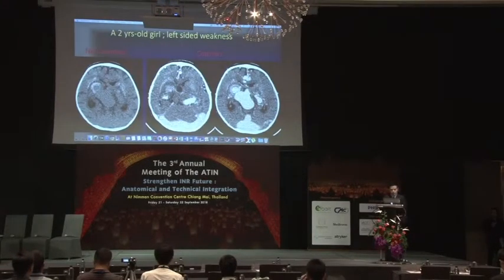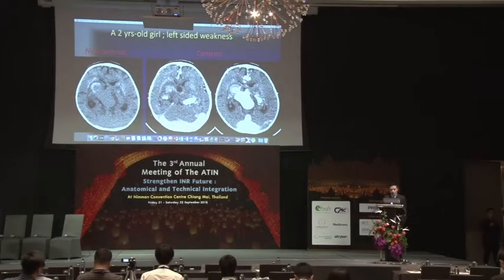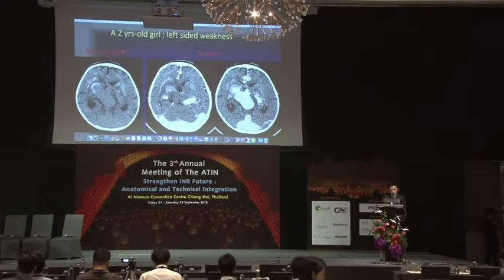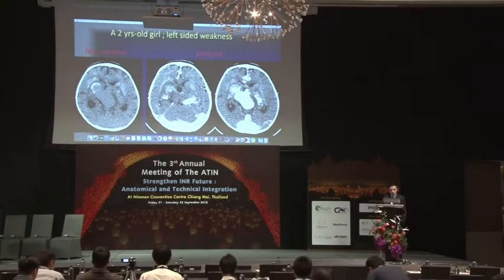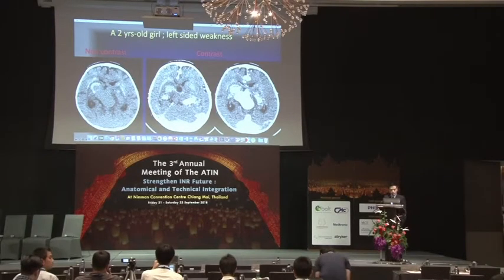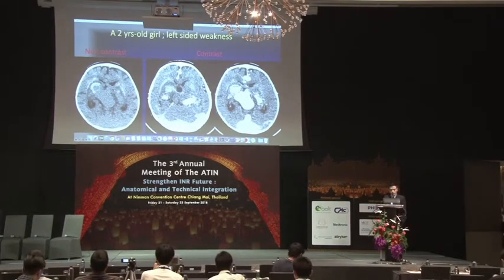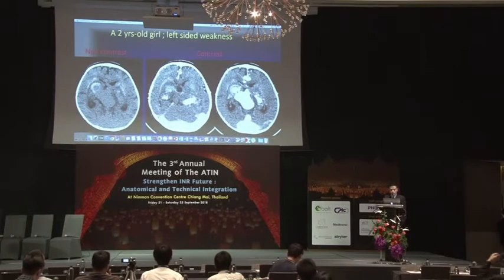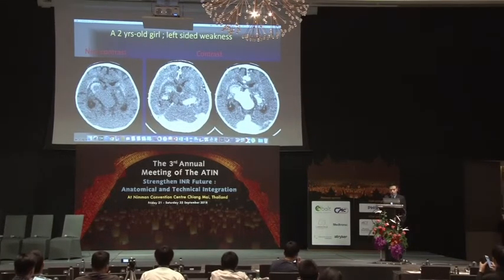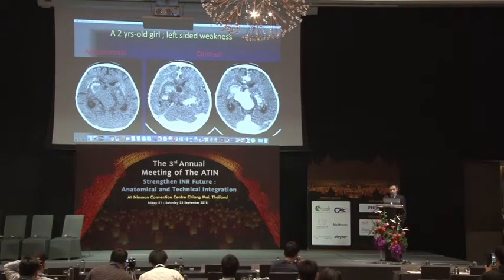A 2-year-old girl presented with left-sided weakness. In the non-contrast CT scan, you can see the hyperdensity in the right basal ganglia. And with the contrast injection, you can see the venous pouch. So this seems to be a thrombus of the venous drainage, and you see multiple dilated vessels in the bilateral thalami.